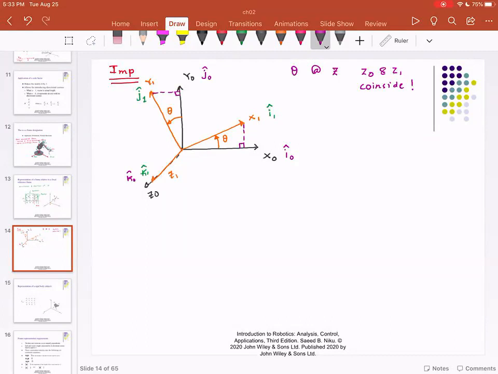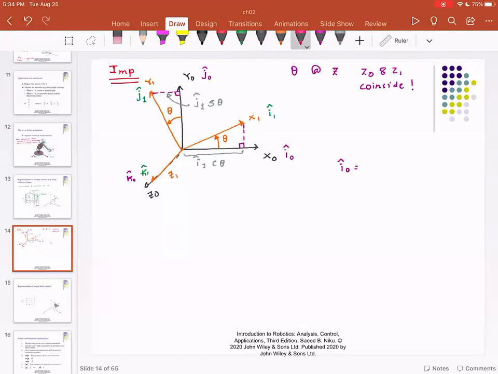So i naught is equal to, check this out, this component, which is i1 cosine theta, plus this component, which is j1 sine theta.